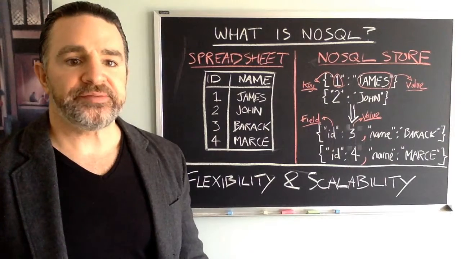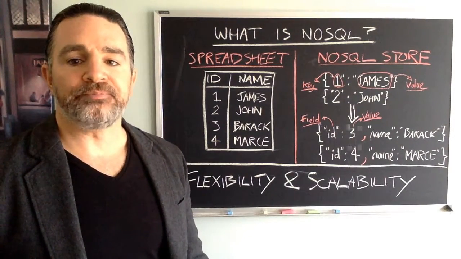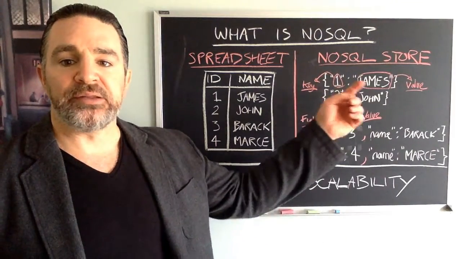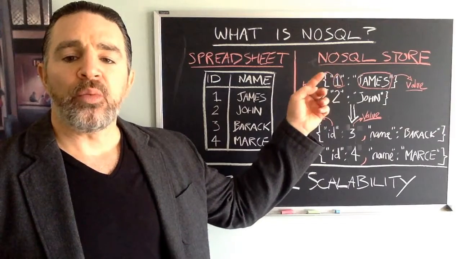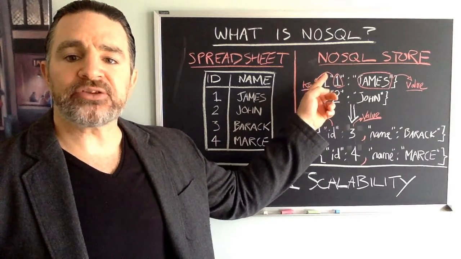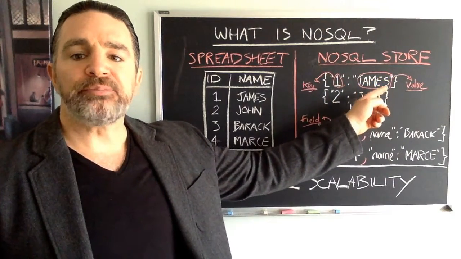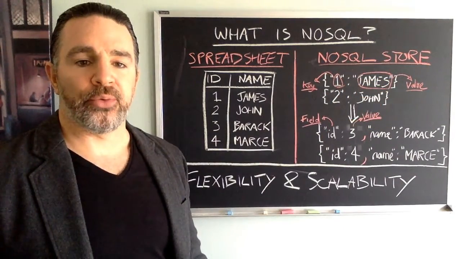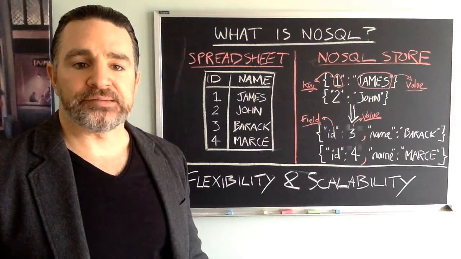There are many pluses in the sense that they are extremely quick and simple. So that's key value stores. That's the first very simple type of NoSQL database. One other thing I'm going to mention here, you see around each key value pair I have these brackets. Now, these brackets are often used in object-oriented programming to represent objects.